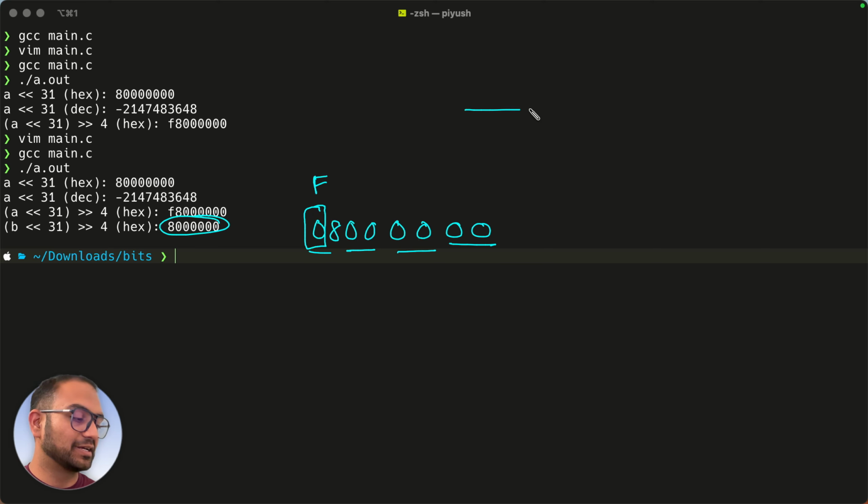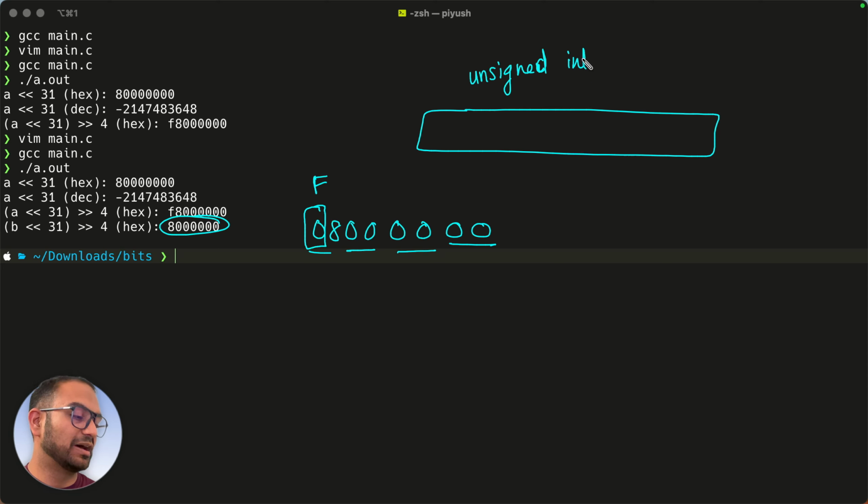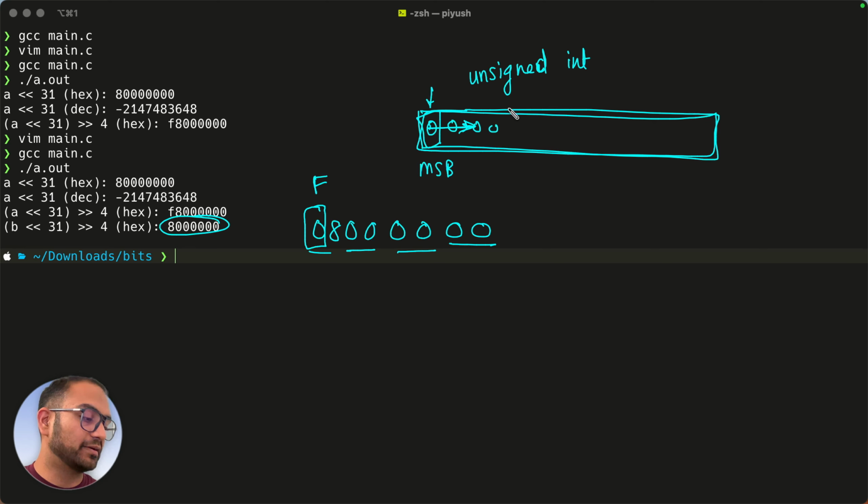What that means is, in case of unsigned numbers, unsigned character, unsigned integer, unsigned anything, if you treat a register as if it's unsigned, then instead of replicating whatever was the MSB, that is not done. The replication is not done. Instead, the content gets moved to the right and zeros get padded. That's what happened here. So this is a very fundamental difference between signed numbers being moved to right and unsigned numbers being moved to right.